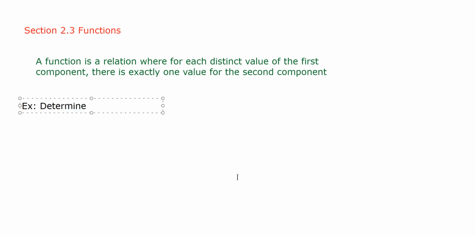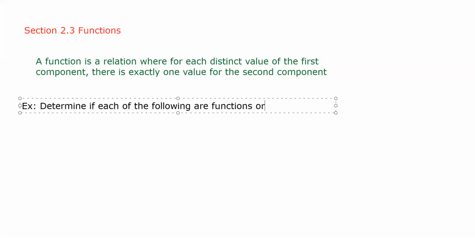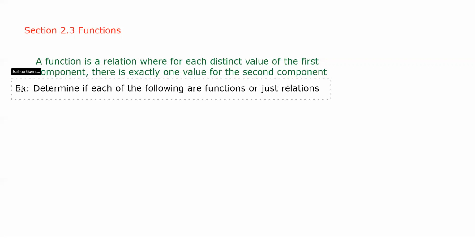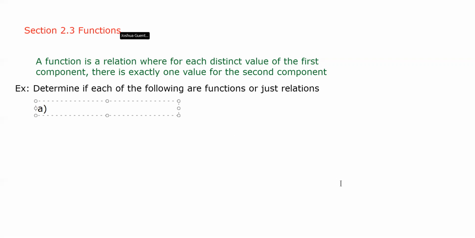Let's determine if each of the following are functions or just relations. All right, the first one. Let's see, what do I got here? So it's a set of ordered pairs.